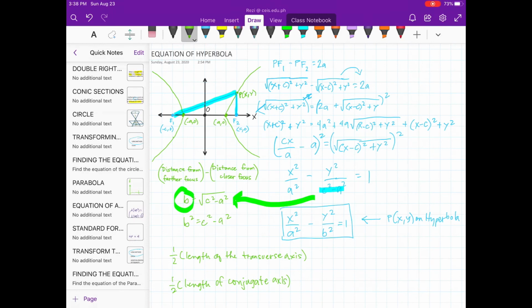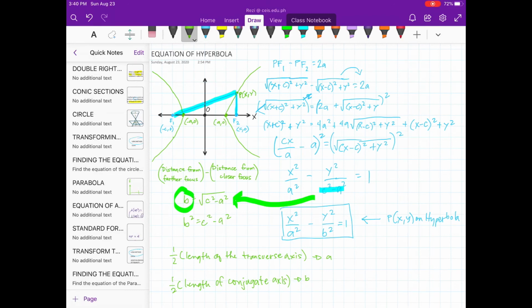Here, a is the distance of the center from one of its vertices, or we can say that it's half of the length of the transverse axis. And b here is half of the length of the conjugate axis.